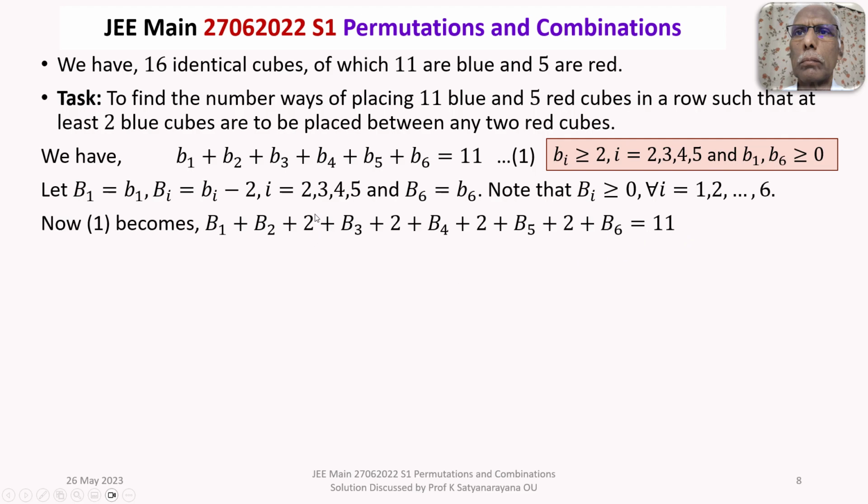Now see, how many 2's are there? 2 plus 2 plus 2 plus 2, four 2's are 8. Push that 8 to the other side, then you will get 11 minus 8, that is equal to 3.